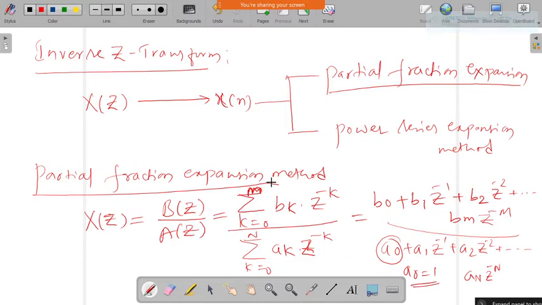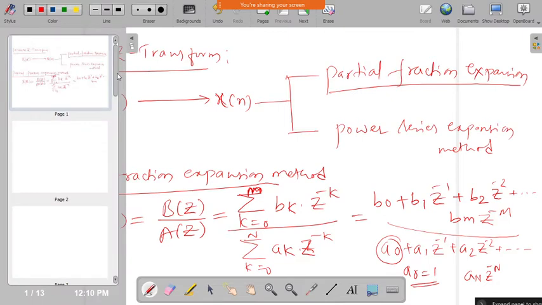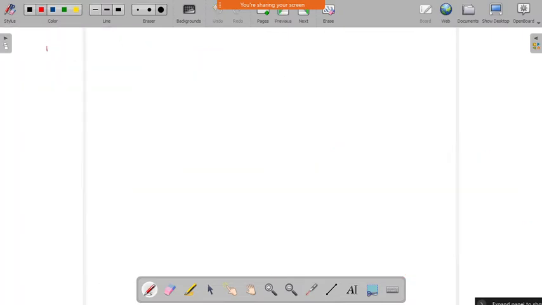We can directly get the solution by partial fractions, provided there is a condition: if m is less than n, that is, the maximum power of the numerator is less than that of the denominator, then we can directly factorize and obtain the inverse Z transform.